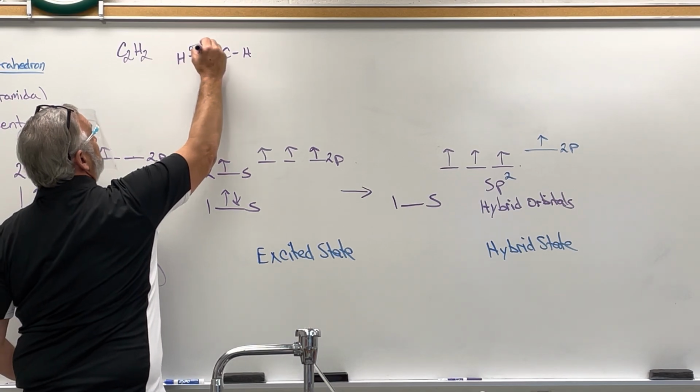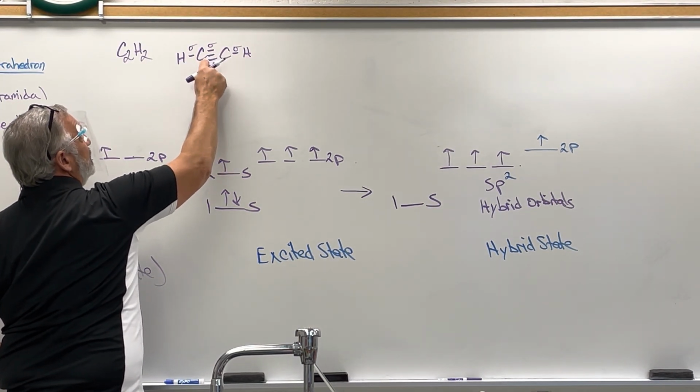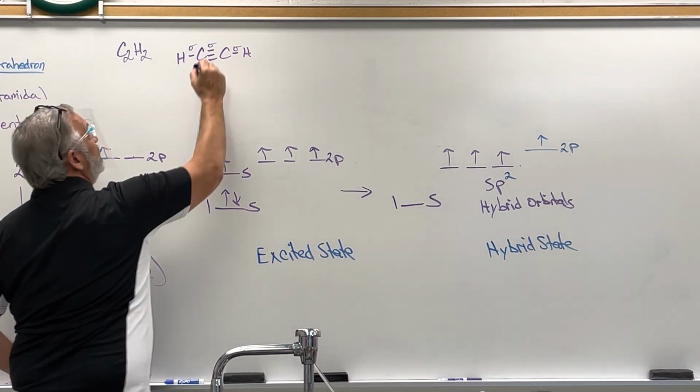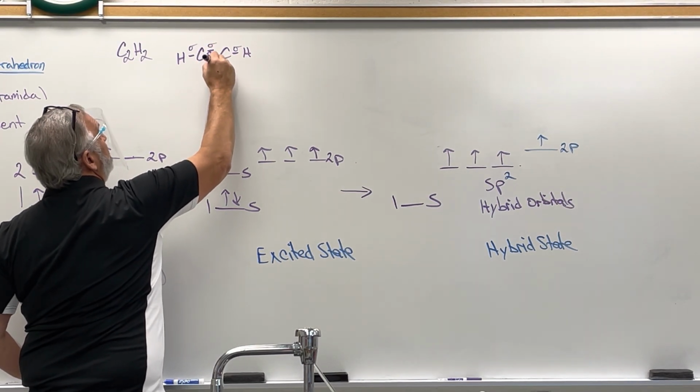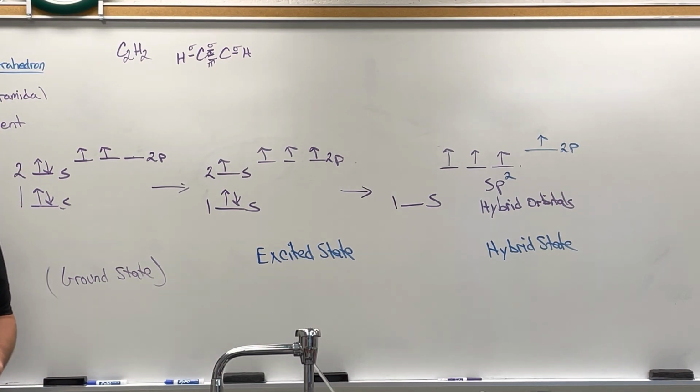I have a sigma, and a sigma, and the second and third are both pi bonds. Pi, pi. So I have 2 pi bonds. So how many p orbitals do I have to leave unchanged? How many p orbitals? 2, because I need 2 pi bonds. Only p orbitals can form pi bonds. Therefore, I need 2 unchanged.